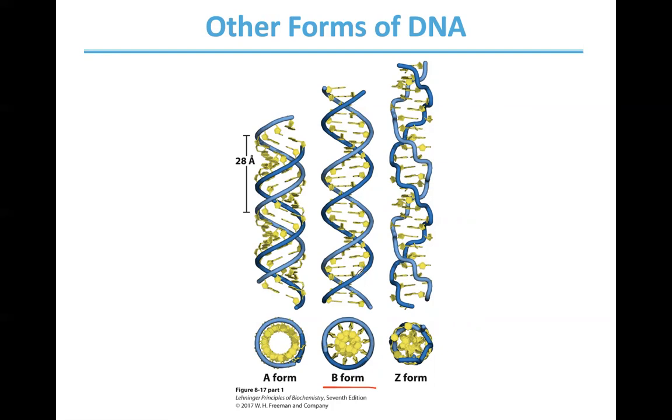And it turns out that if you dehydrate DNA, you end up with what's known as A form. So in the environment where there's lack of water, right? Or for example, if you crystallize DNA, you primarily get the A form. So here the base pairs are somewhat tilted.